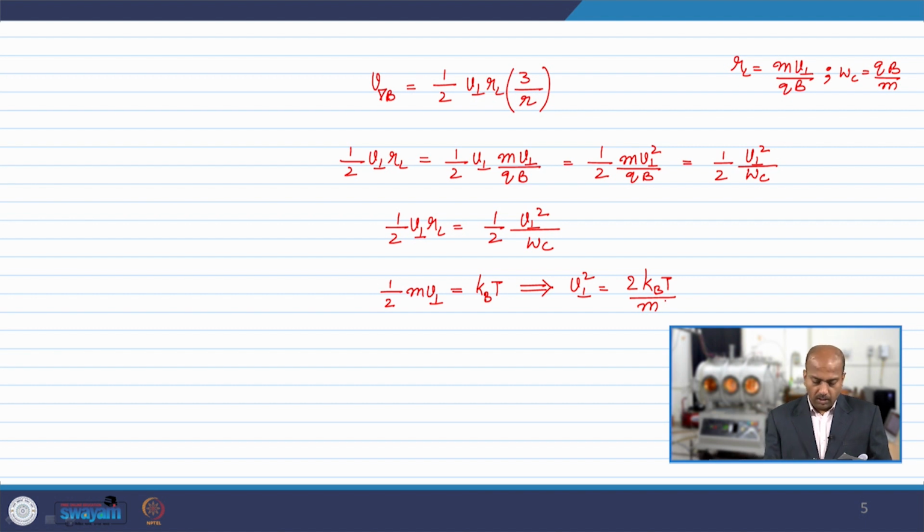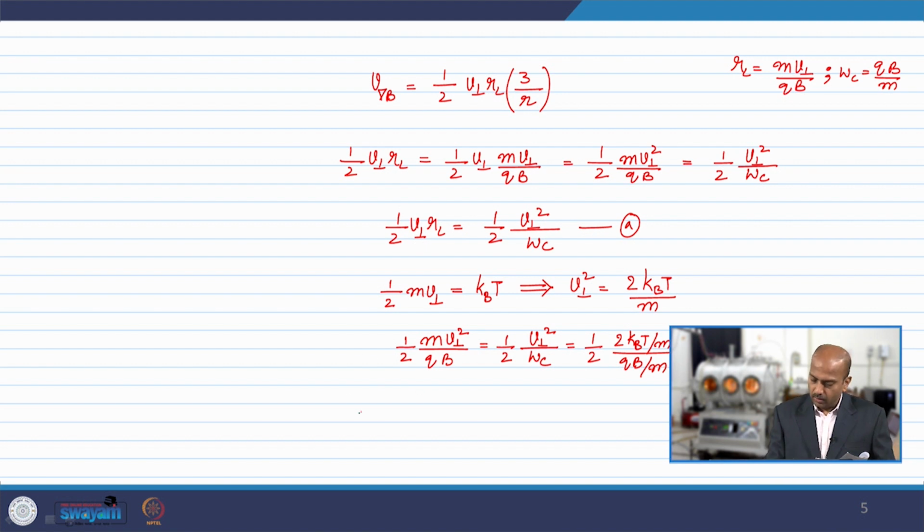Now, let us call this relation A. Using this relation, we can write half m v perpendicular square by qB, or half v perpendicular square by omega c, is equal to half times 2 kBT by m, divided by omega, which is qB by m.